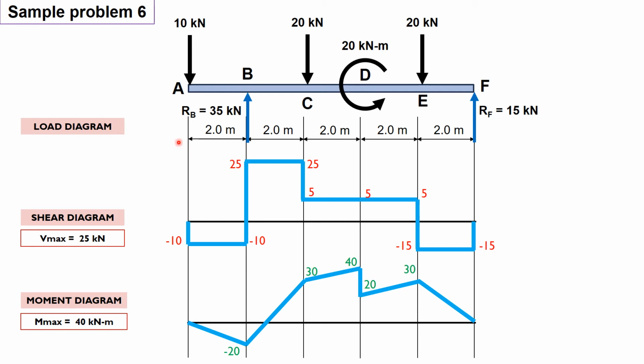But it depends on the load system or on the load diagram. Hindi lahat ng cases ay ganito, kagaya nito, hindi tumapat doon sa point of zero shear dito yung maximum moment. Kaya kailangan talaga ay you draw the shear and moment diagrams.